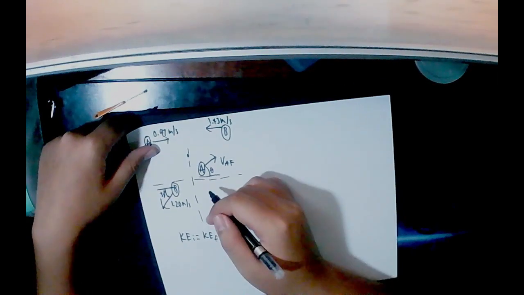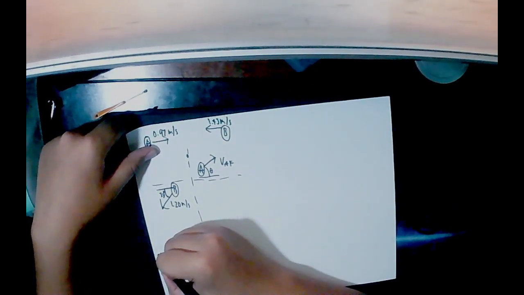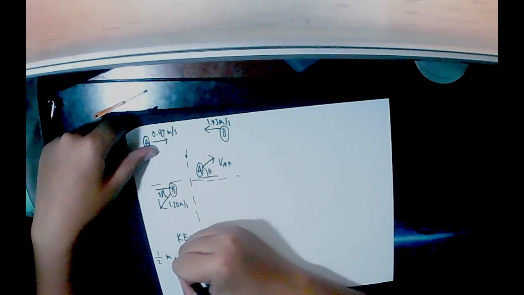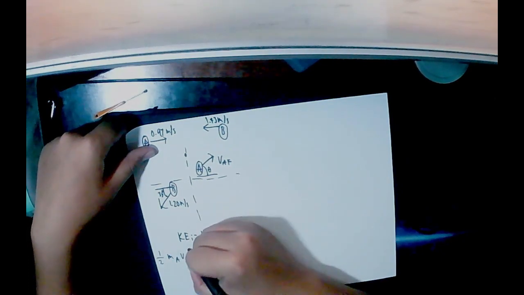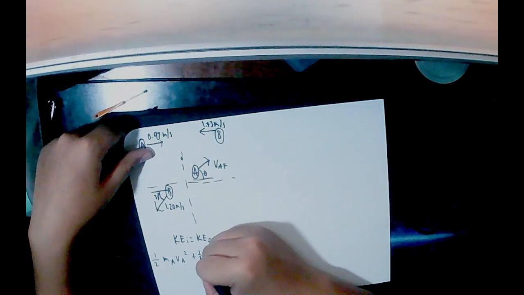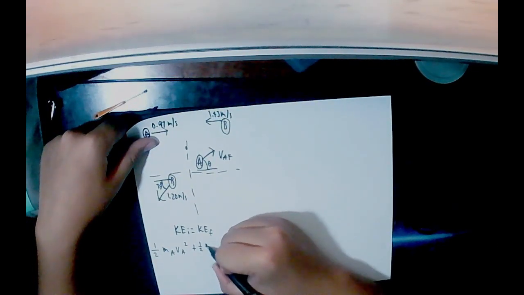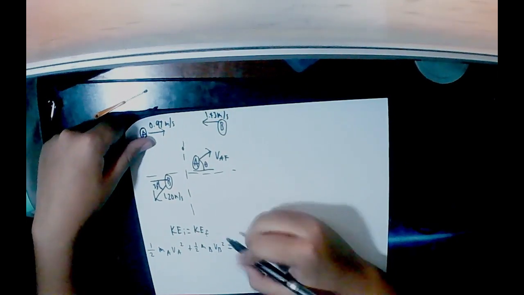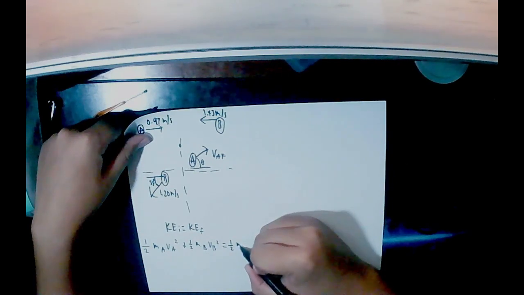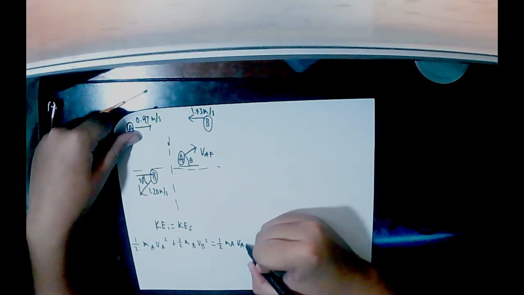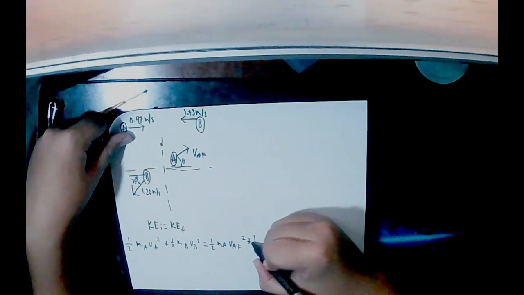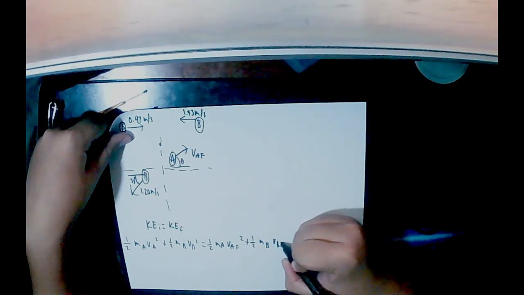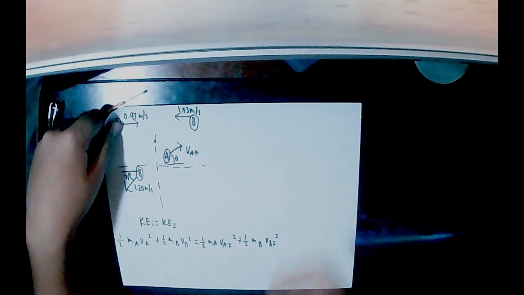So, i-expand lang natin tong formula nito at ito ang kalabasan. 1/2 M sub A times V sub A squared plus 1/2 M sub B times V sub B squared equals 1/2 M sub A times V sub A F squared plus 1/2 M sub B times V sub B F squared.